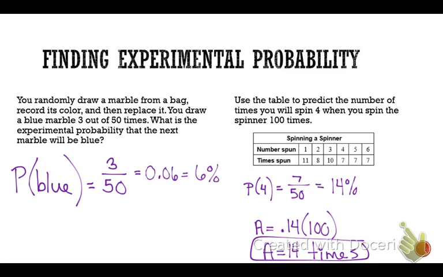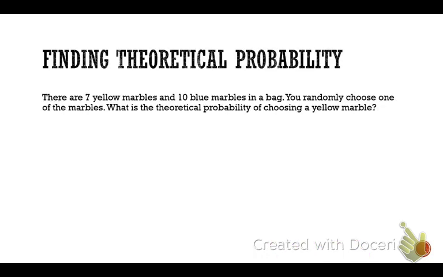Now let's do theoretical. Find the theoretical probability. Remember, you should have something in parentheses, probability of this. Okay, and then try to solve it. Okay, theoretical. So experimental says it actually happened. Theoretical is this has not happened yet. Okay. All right, guys. So probability of what?